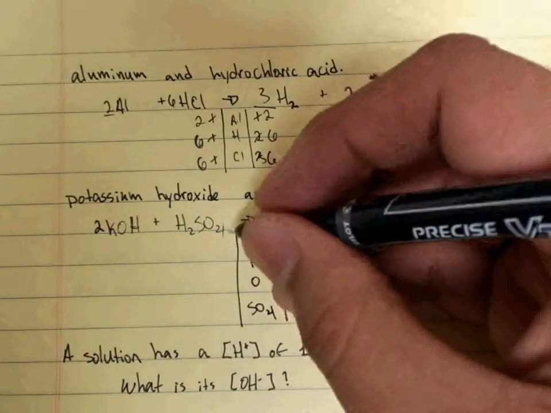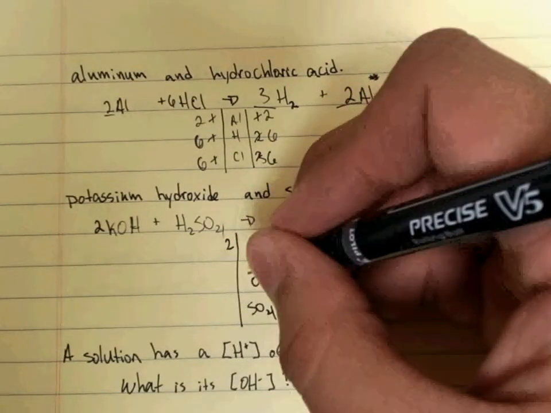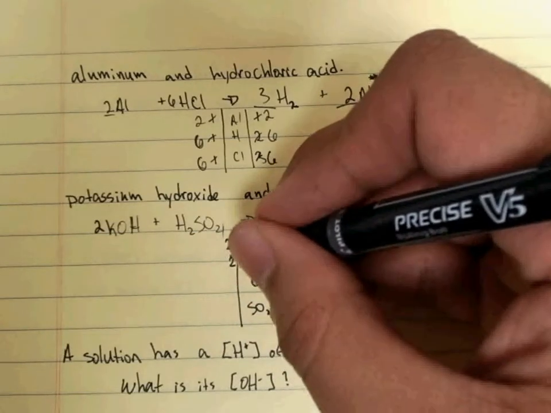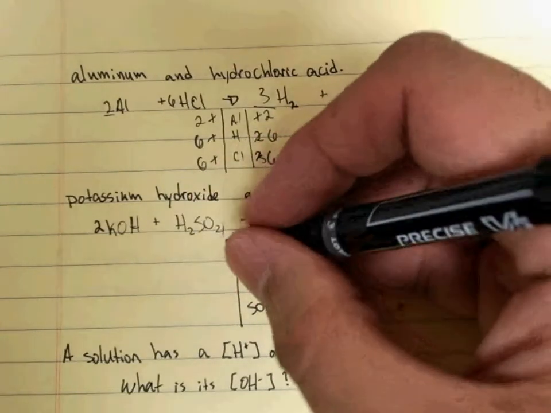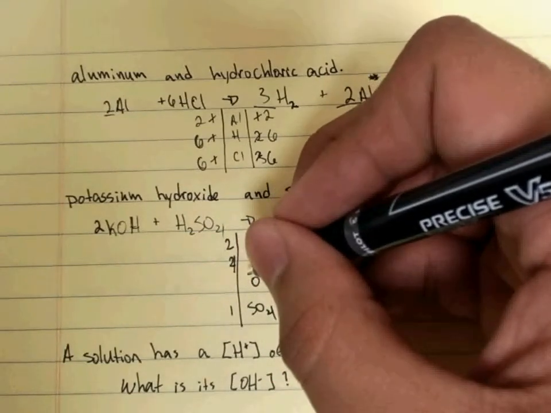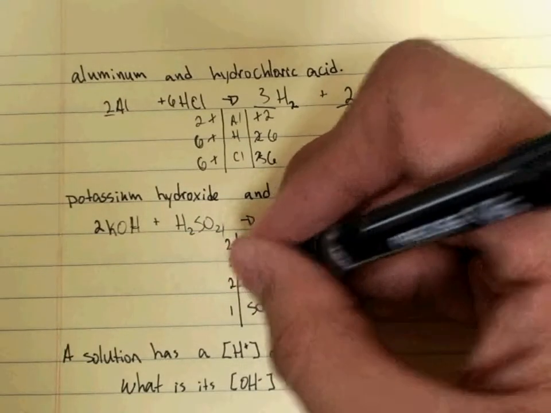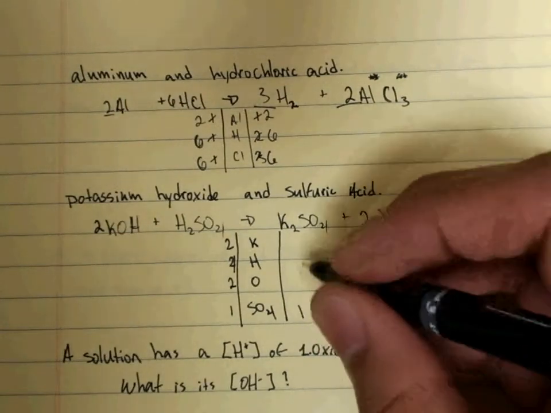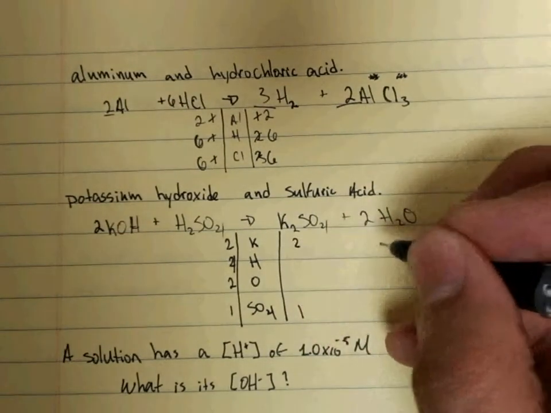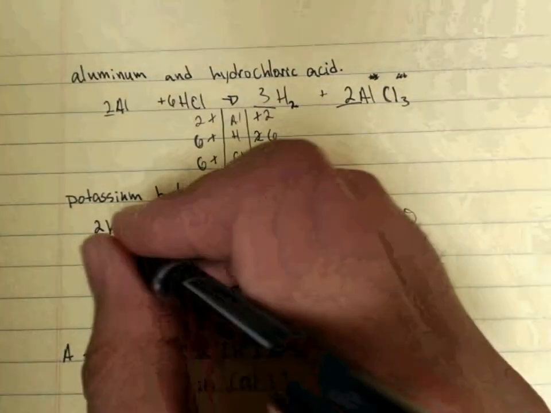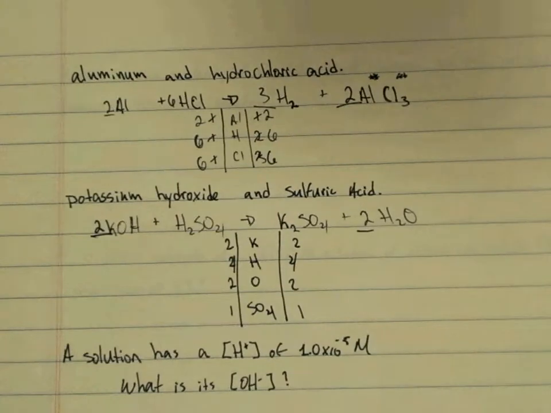So I have 4 H's and 1 SO4 and 2 O's. And on this side I have 1 SO4, 2 K's, 4 H's, and 2 O's. Bam! It's balanced. It's 2 and 2. I just gave you that as a freebie.